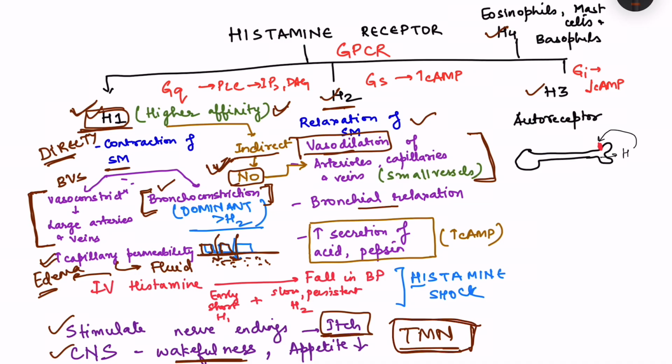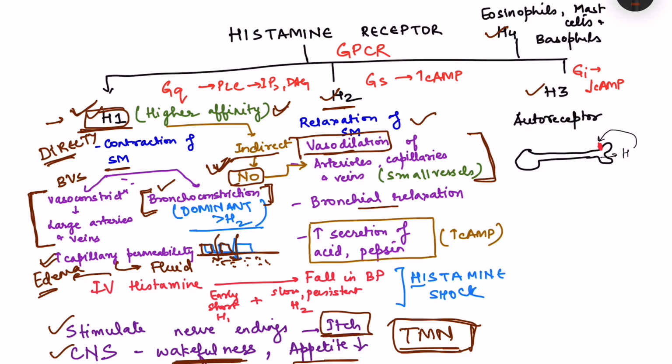I have dealt with this in my video on physiology of sleep, that you can have a look at. But here it is important to focus that the tubulomammillary nucleus of the hypothalamus releases histamine causing wakefulness, and histamine also decreases appetite. It is very important to remember this, because only then are we going to fully understand the action of the antihistaminics which block this H1 receptor.